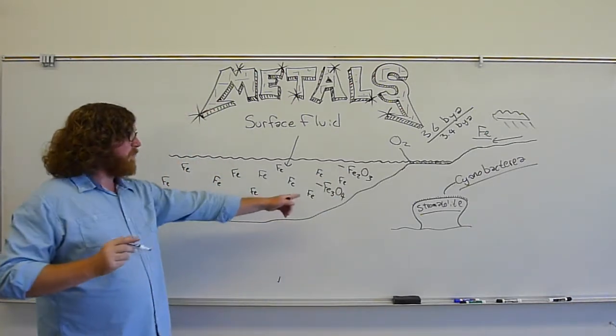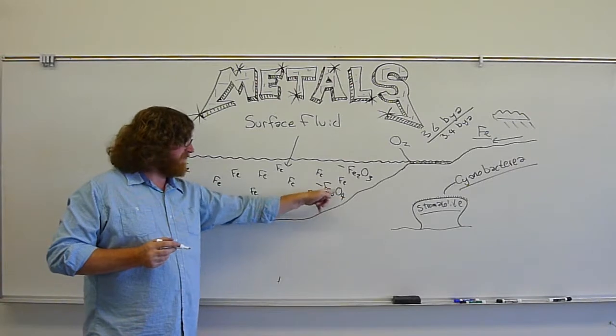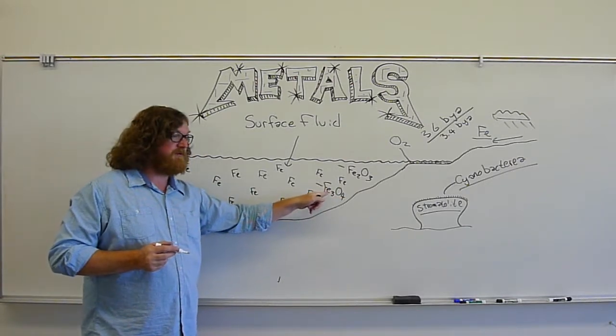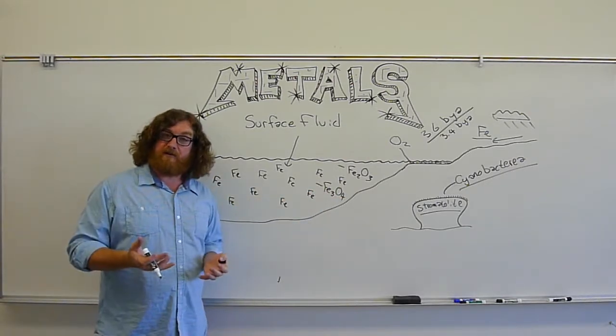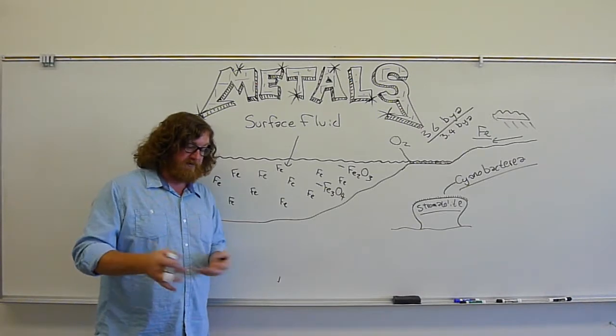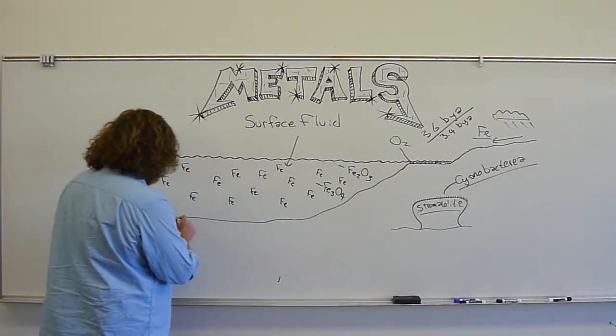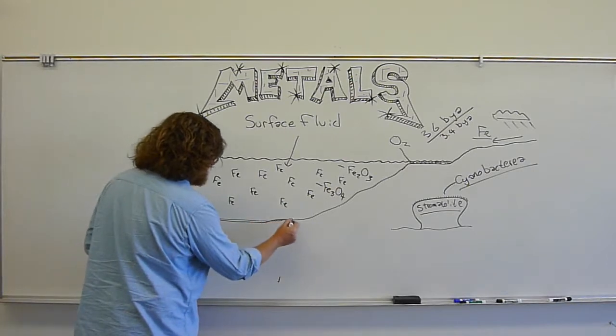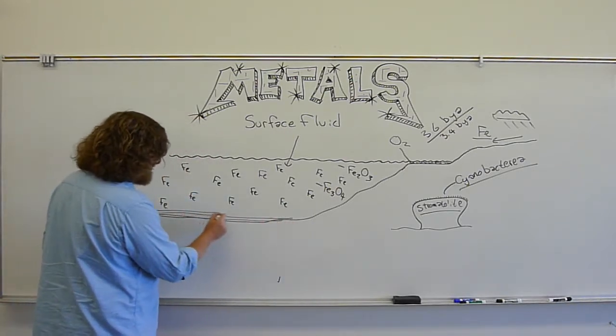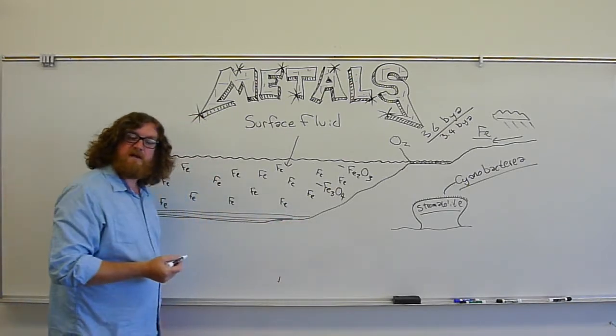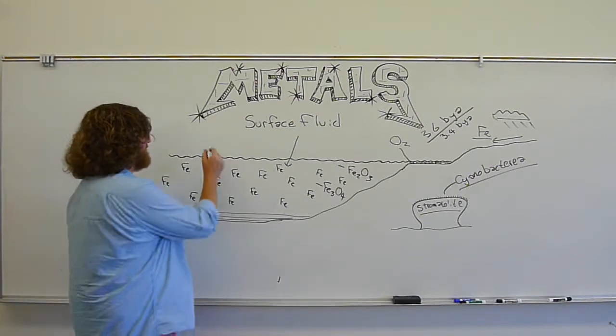But now, once oxygen has bonded with these iron molecules, it comes out of solution, right? It's the opposite of dissolving. And it begins to pile up on the bottom of the seafloor, these massive, massive, massive layers of what we call banded iron formations.